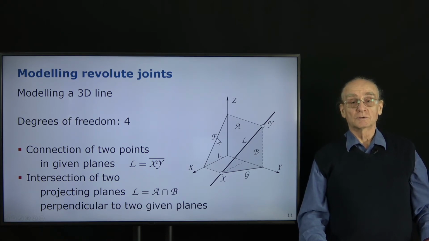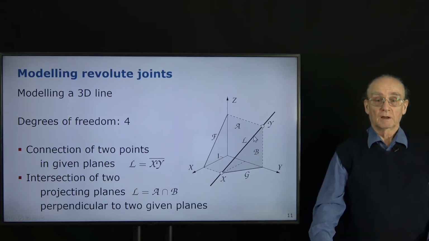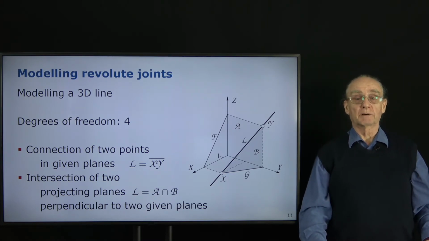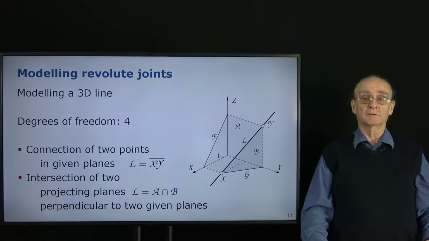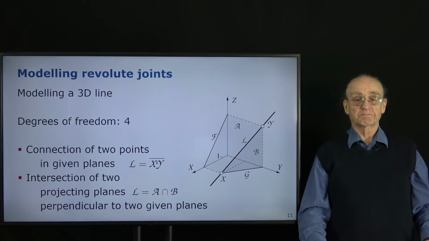Then if you have these 2 lines, you take the plane which is normal to the xz plane through F, which gives you the plane A, and you take the plane which is normal to the xy plane through this line G, which is the plane B, and you intersect A and B, and you get the line. So however you look at it, there are other possibilities to describe it and to reason about it. You need 4 parameters to describe a 3D line in space.